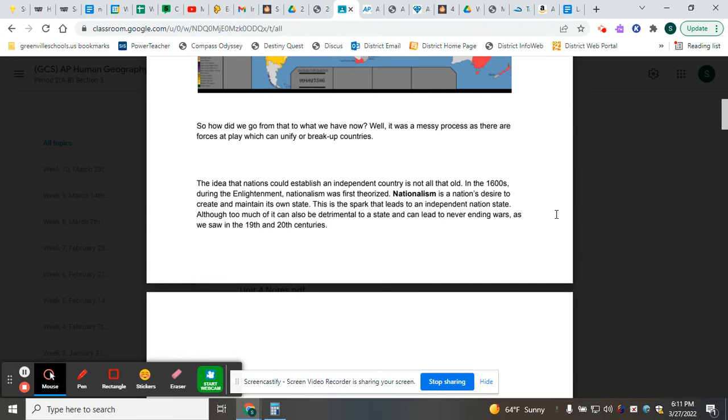The idea that nations could establish an independent country is not all that old. In the 1600s, during the Enlightenment, nationalism was first theorized. Nationalism, again, is a nation's desire to create and maintain its own state. This is the spark that leads to an independent nation state, although too much of it can also be detrimental to a state and can lead to never-ending wars.